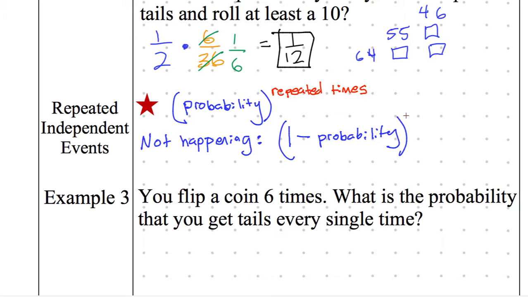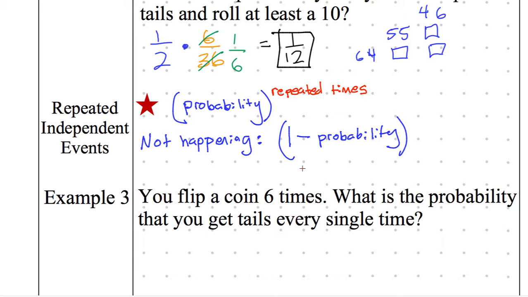So let's say the probability of me losing my phone is 0.1. The probability of me not losing my phone is 0.9. How did I get 0.9? I did 1 minus 0.1 to get 0.9.